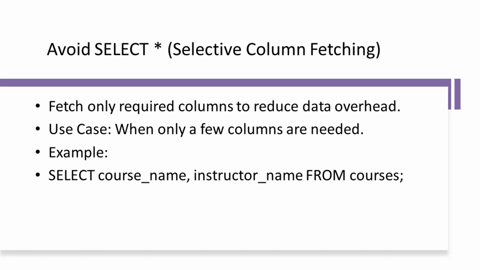Retrieving all columns can slow down performance, especially when working with large tables. Instead, it's better to fetch only the columns that are required or needed. For instance, if you only need the course name and the instructor name, specify those columns explicitly in the query to reduce the amount of data being transferred.